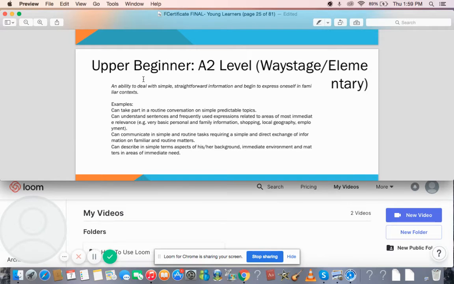These are the words or vocabulary that an A2 level student could understand. So if you're teaching A1 students, you would not present words or vocabulary more suited for A2 or B1 students. You have to tailor your activities and topics to the level of your students, okay? Familiar context, very simple conversation.